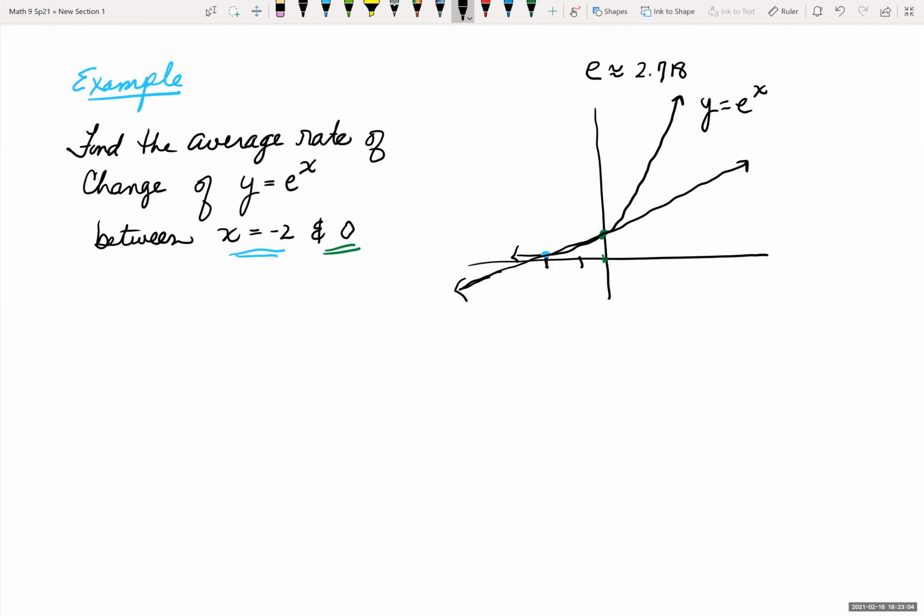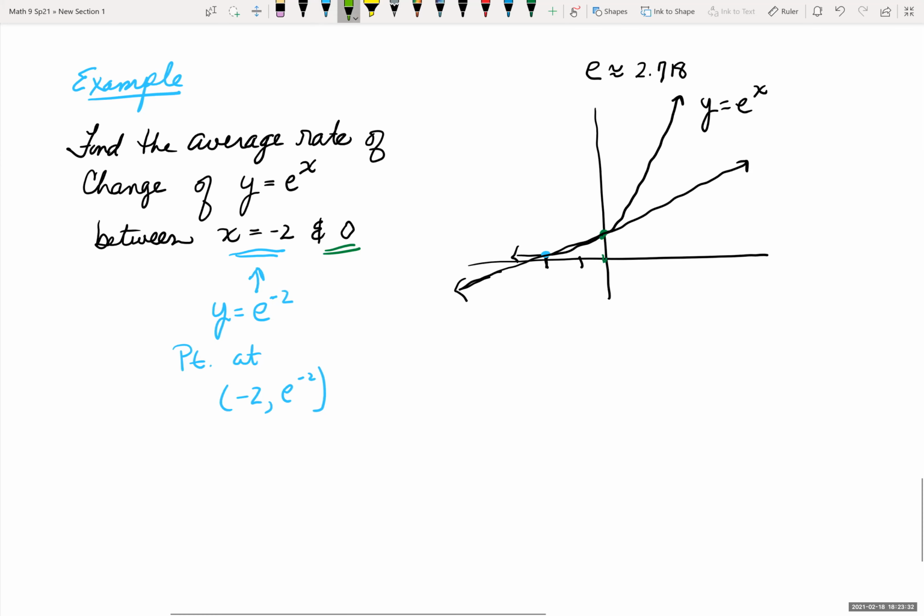When x is equal to -2, we need to figure out what our y value is. So y would equal e to the, plugging in -2 where you see an x in the function, -2. So we have a point at -2, comma, e to the -2.